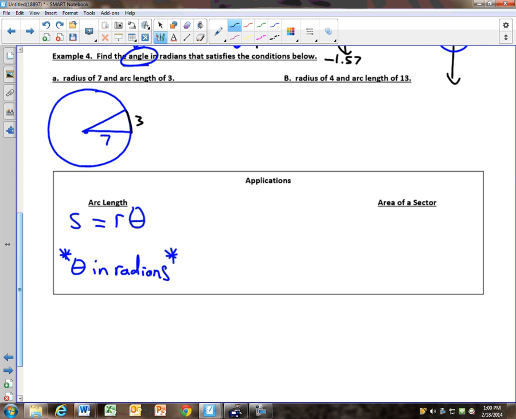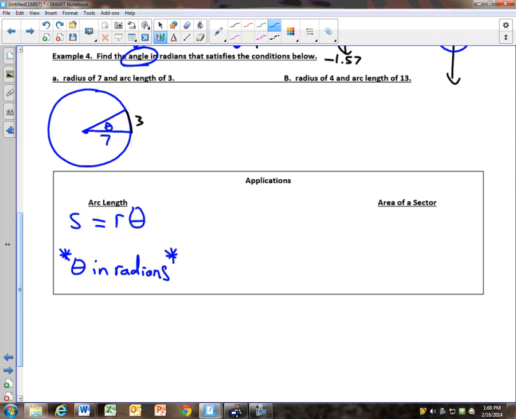So it wants us to know this theta value right there. What is the angle measurement in radians if you have a radius of 7 and an arc length of 3? Is that more than one radius or less than one radius? It's less than. So my radian measurement will be less than 1 radian. I didn't wrap a full radius around. I wrapped 3 units around.